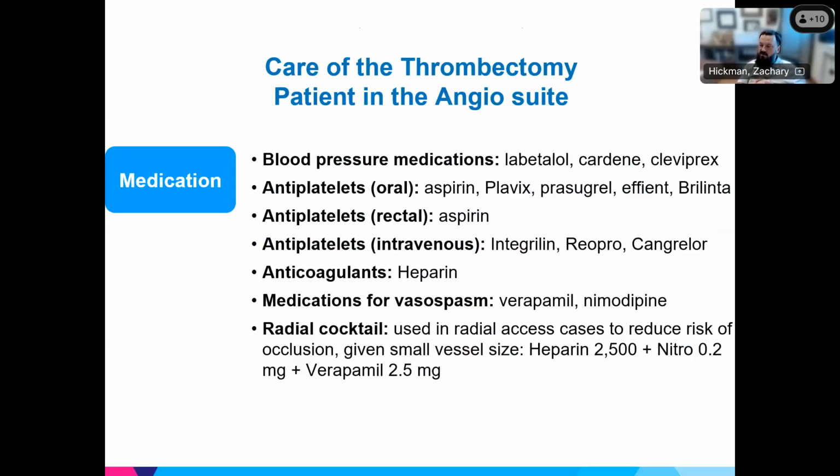And so you don't want to allow their blood pressure to go off the rails and be super high, and then they have hemorrhagic complications. So we do want to make sure we're managing blood pressure appropriately.